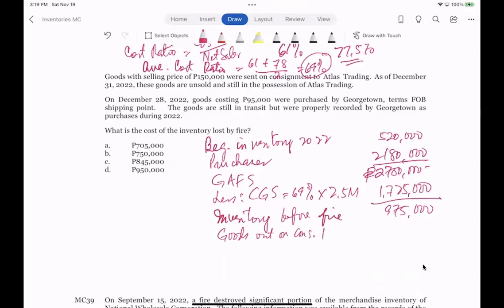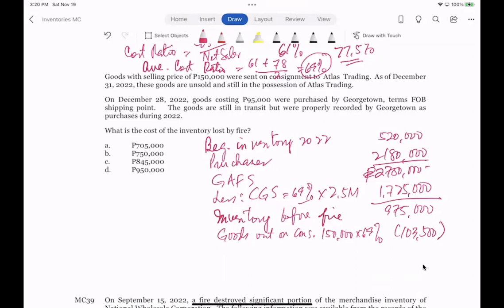So that is 150,000 times, using the ratio, 69%. So that is 103,500.